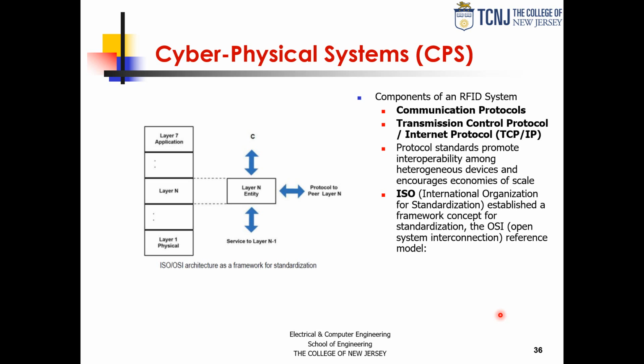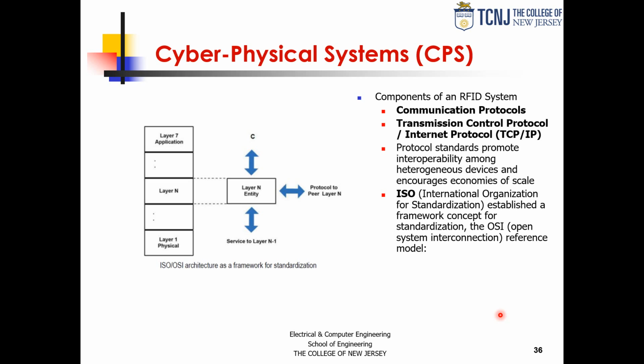The ISO, the International Organization for Standardization, has established a standard which promotes interoperability for software that is meant for network stacks. That standard is the Open System Interconnection reference model that consists of 7 layers in the system stack.